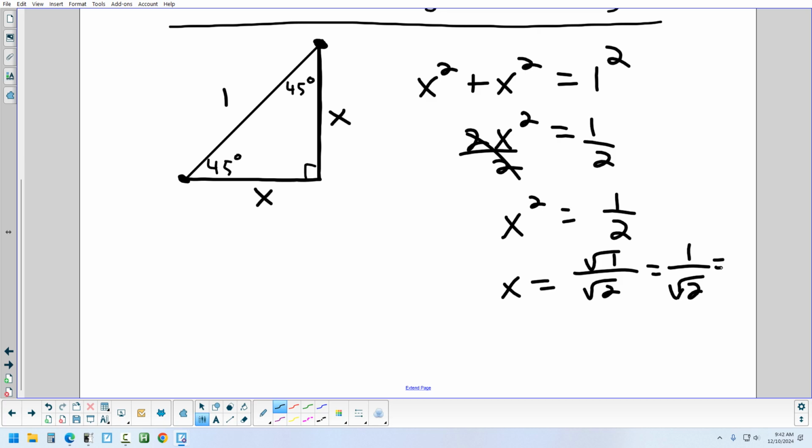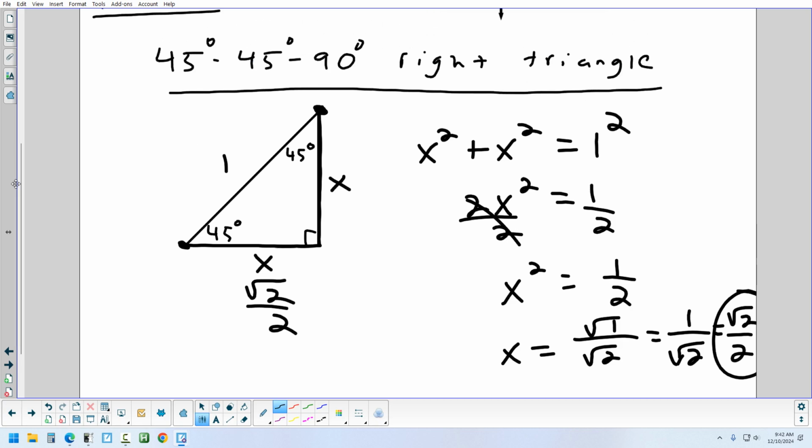How is 1 divided by the square root of 2 going to look once we fix it so there isn't a square root in the bottom? Is it square root of 2 over 2? Yes, it's going to be square root of 2 over 2. So that is the length of the bottom side of that triangle.